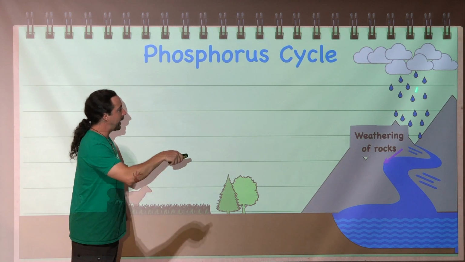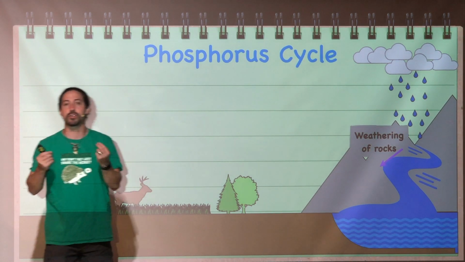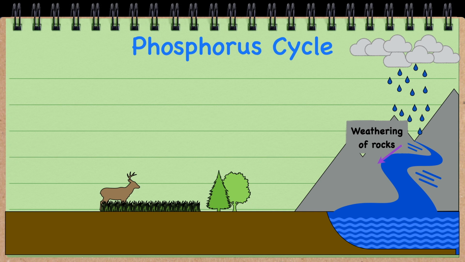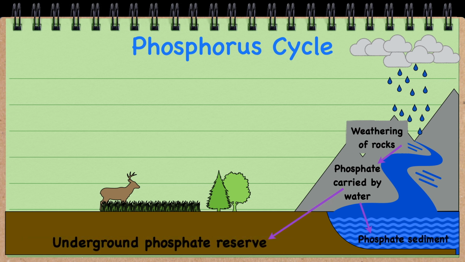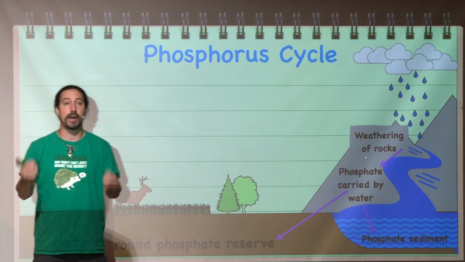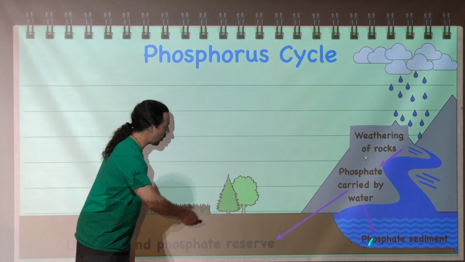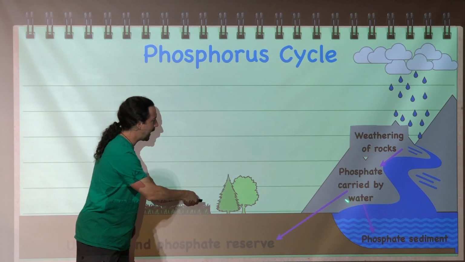And as the rain comes down and weathers those rocks, as it breaks down those rocks and erodes those rocks, phosphorus is going to then travel by the water, and it will be carried either into a lake or a pond or into the ocean, or it's going to go into an underground phosphorus reserve in the soil. Those are the different locations that phosphorus will go based upon it being carried by the water.